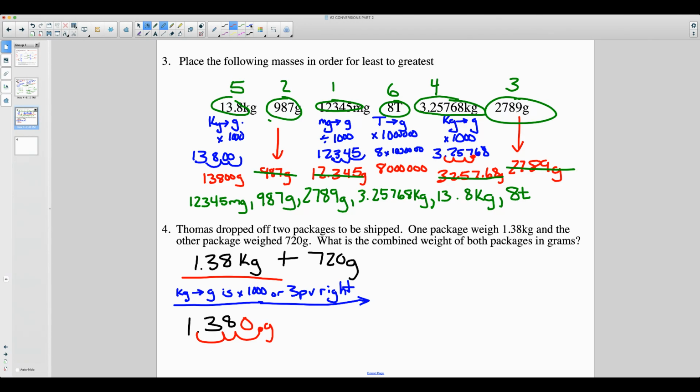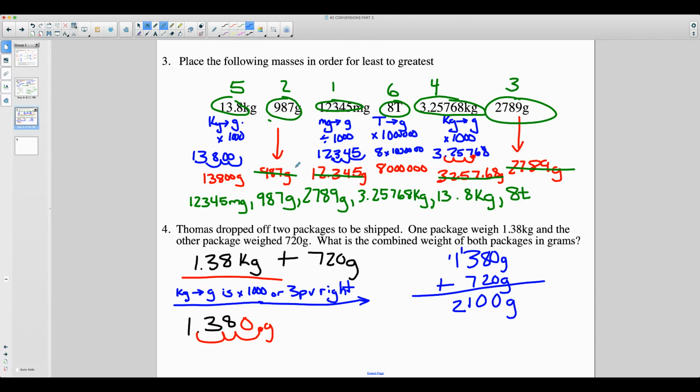So my new totals would be 1,380 grams plus 720 grams, which we add this up. We have 2,100 grams.